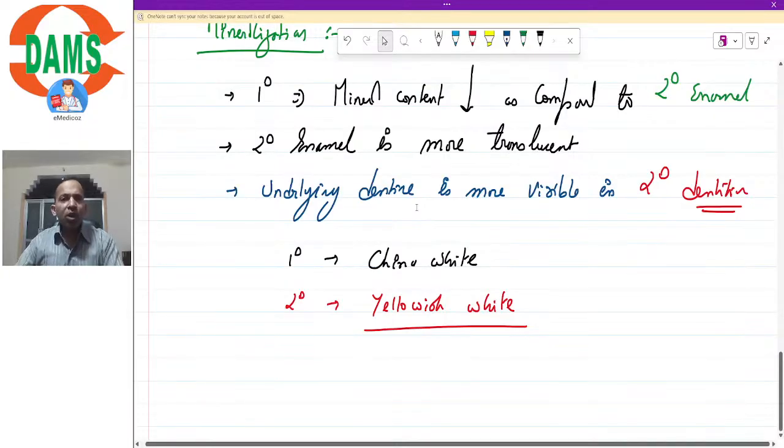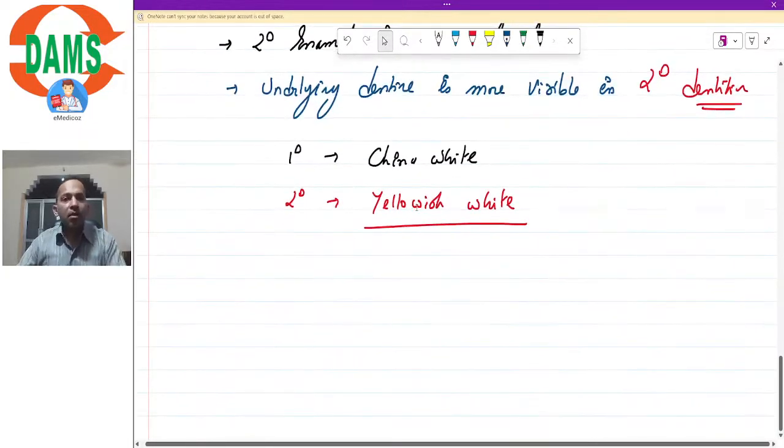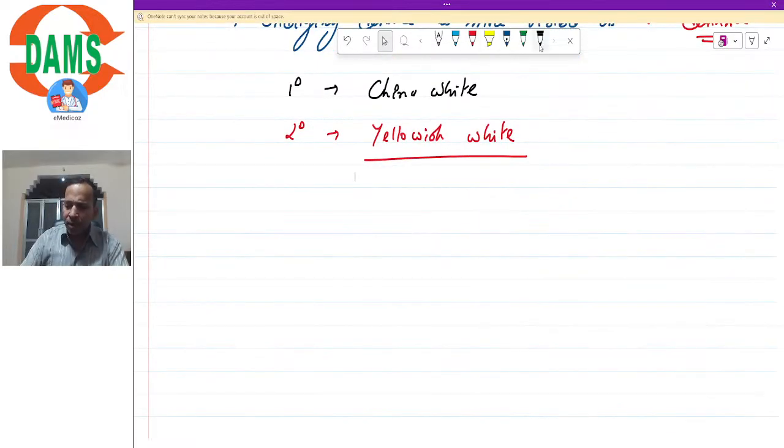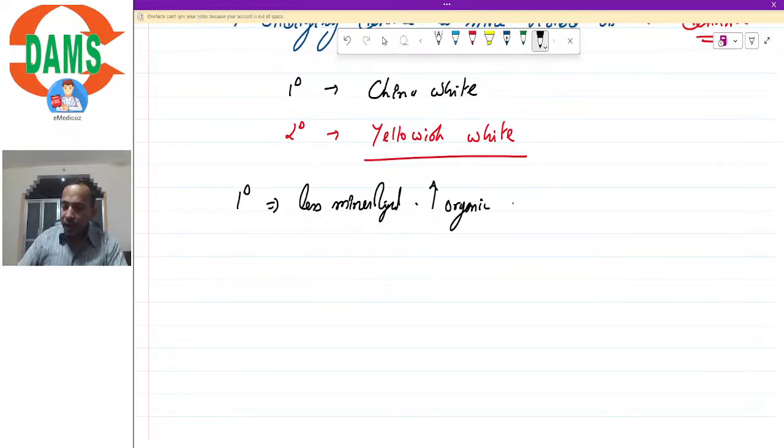So what else do you think would happen because of this less mineralization of primary tooth? If we are talking about clinical relevance, since primary is less mineralized, or you can say it has more organic content, it will take greater time for etching.